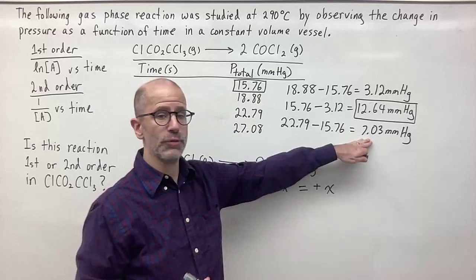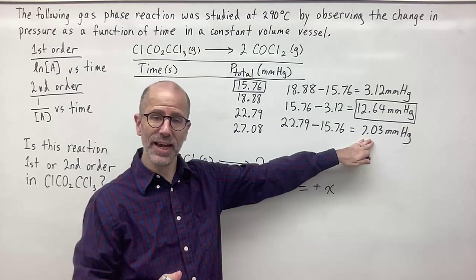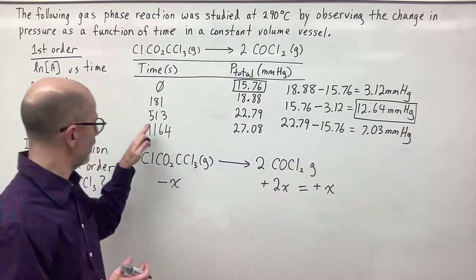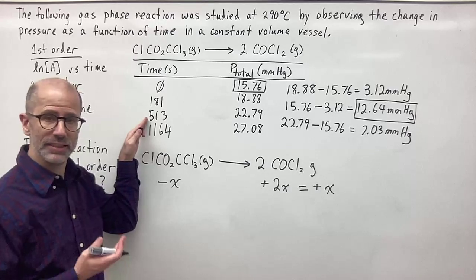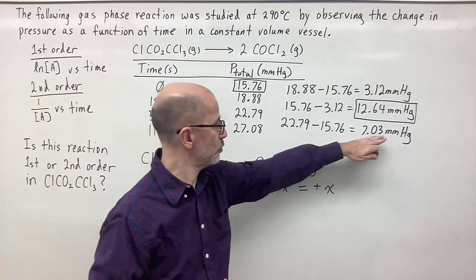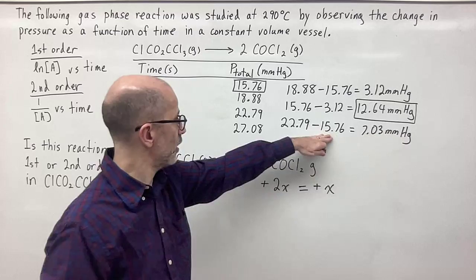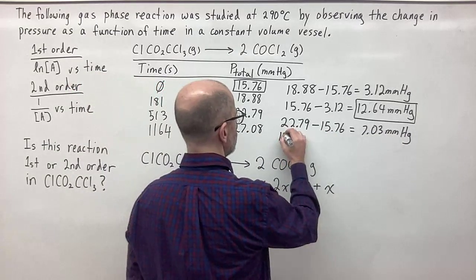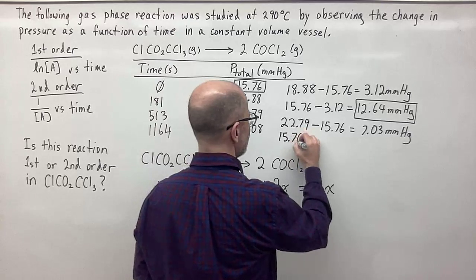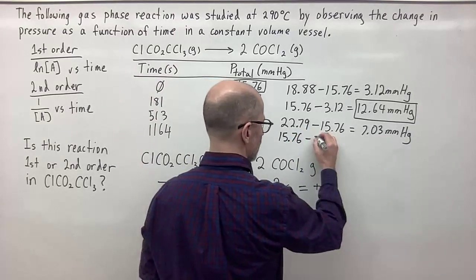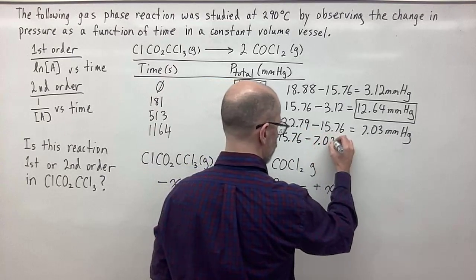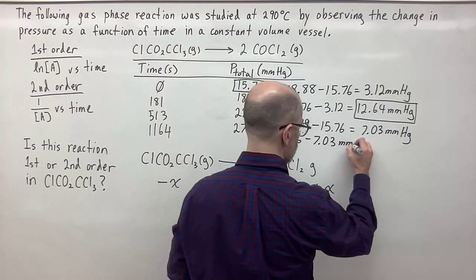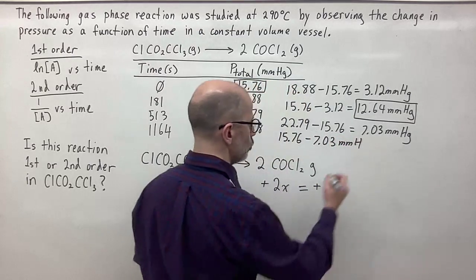And so now to find out how much reactant I have left at this time, 513 seconds, I'm going to subtract that from the original amount, 15.76 minus 7.03 millimeters of mercury.